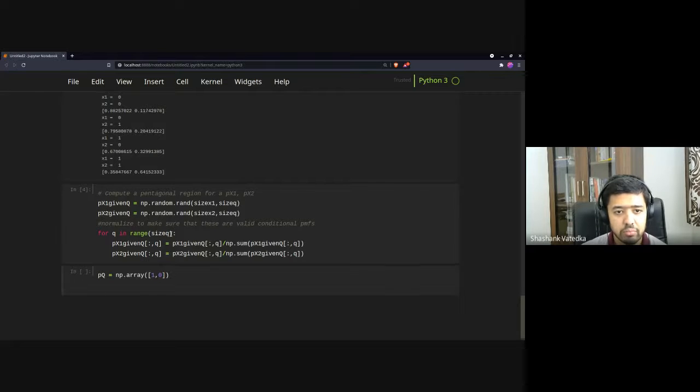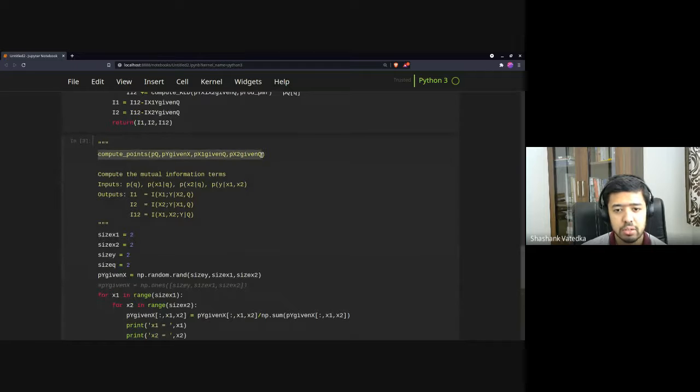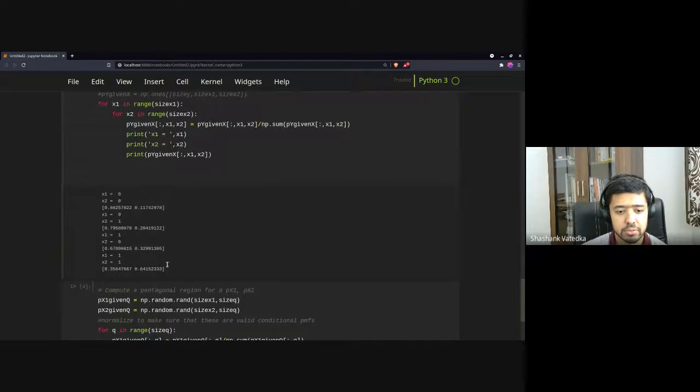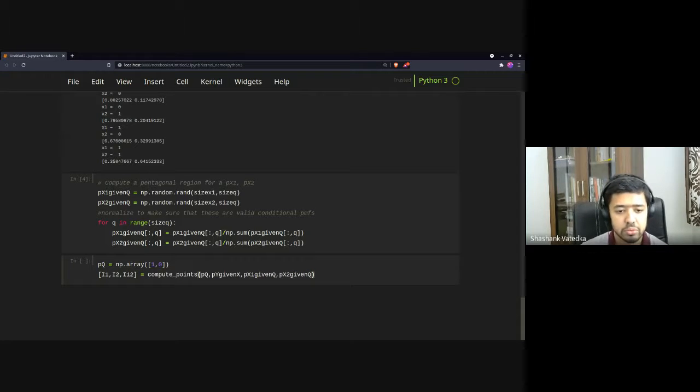I have everything defined. Now let me just call this function to get the three mutual information terms: I1, I2, I12. So this is I(X1; Y | X2, Q), this is I(X2; Y | X1, Q), and this is I(X1, X2; Y | Q).